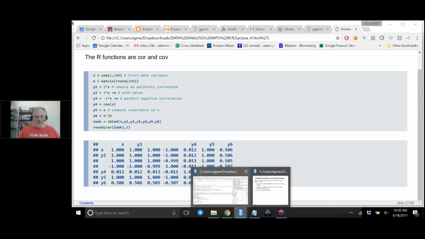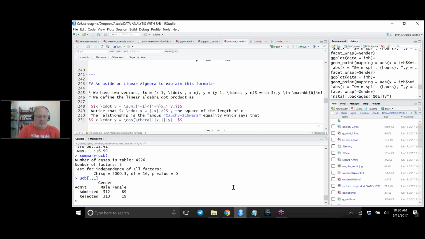Let's see if what I said is correct. So here's something I can do very quickly. I can look at the correlation, I think this will work, of 101 to 200 with 101 to 200 to the 20th.